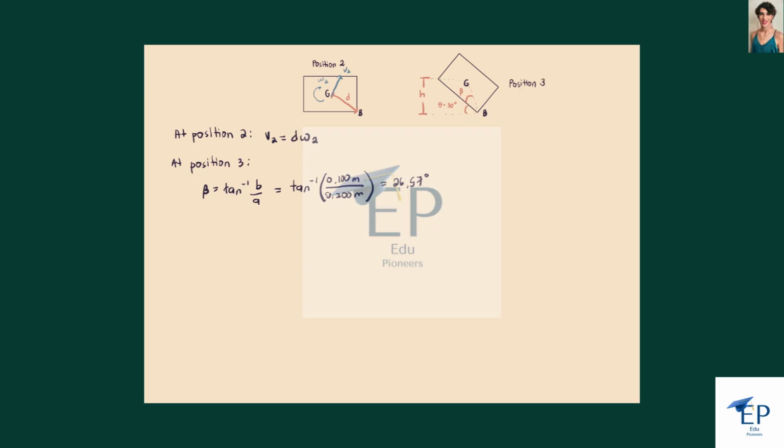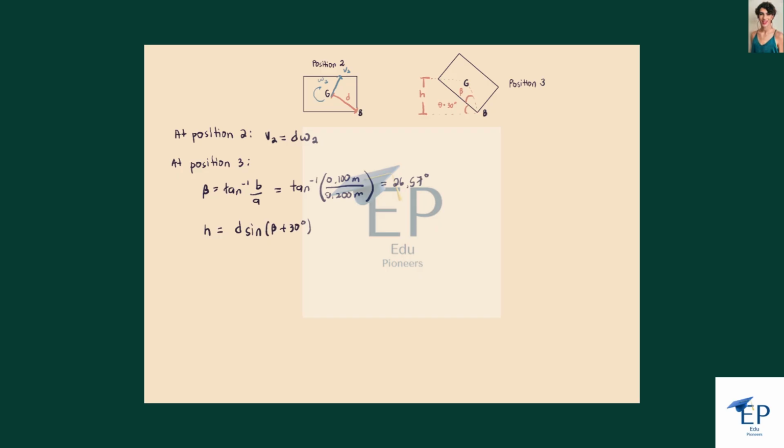Now, we don't know the value of h, so we can solve it. Solving for h, h is equal to half of the diagonal, so that's d times sine of the combined angle beta plus 30 degrees.